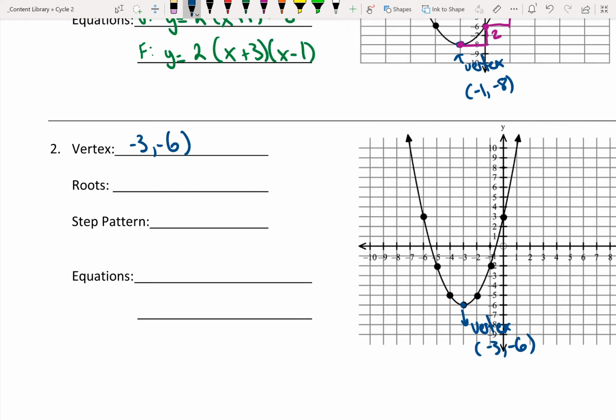My roots or my x-intercepts, this one's a little bit hard to tell, but we can roughly say it's about -0.5, 0, and -5.5, 0, are my two x-intercepts. Again, we're just estimating based on what we see.